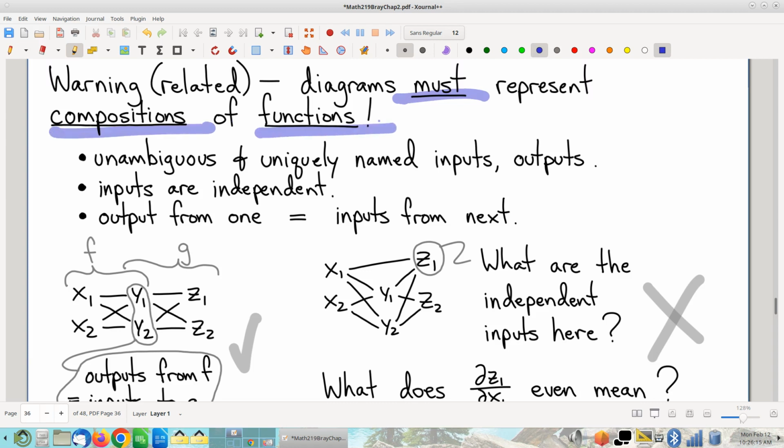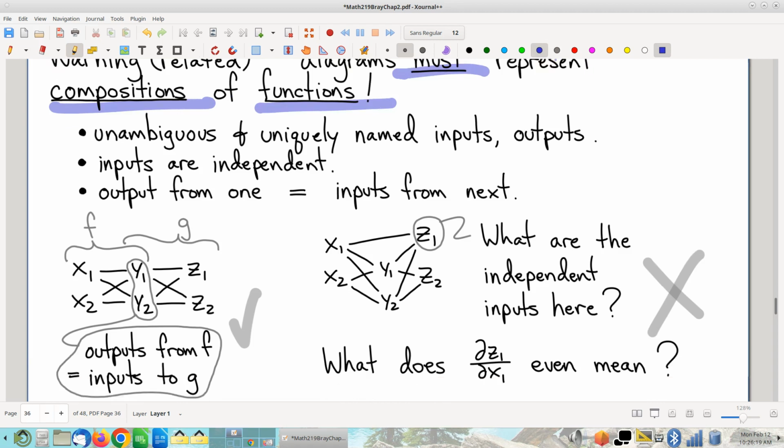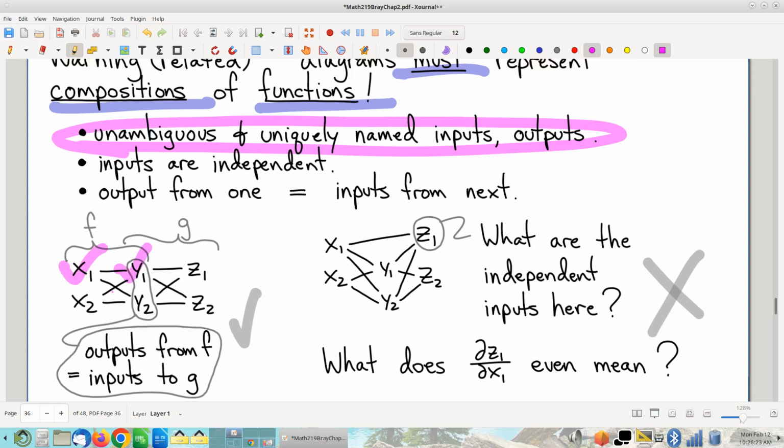And when you compose functions, you'd really better make sure you haven't confused your variables. You need to have different names for all the variables and all the different roles. That's problem number one. We've already seen what can go catastrophically wrong if you don't do that. You need to make sure that your inputs are all independent.